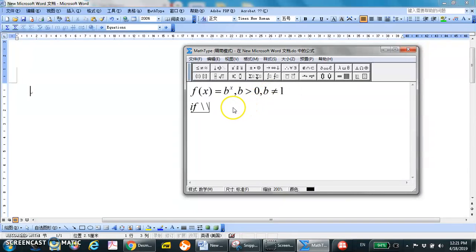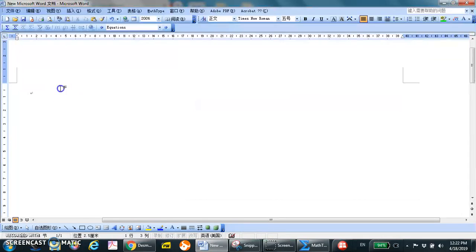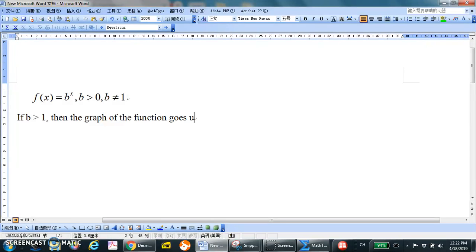If b is greater than 1, then the graph of the function goes up to the right, and the function is an increasing function.